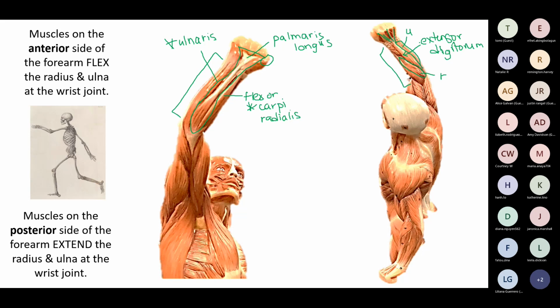When I flex the wrist, I'm pulling it forward. When I extend the wrist, I'm pulling it backwards. So your extensor muscles, extensor carpi ulnaris, is on the back side. Flexor carpi ulnaris is on the front. So we identified our muscles, and identifying our muscles helps us to predict their actions.